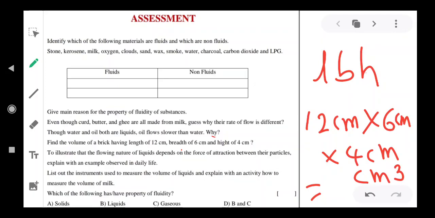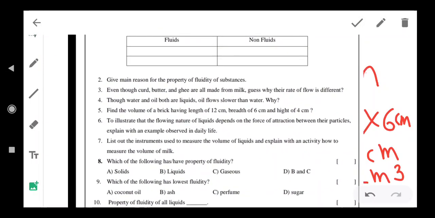Okay, next one. Next question, we go for next one. To illustrate that the flow nature of liquid depends on the force of attraction between their particles, explain with an example observed in daily life. So if we take water, oil, kerosene and flow them, what will you observe?